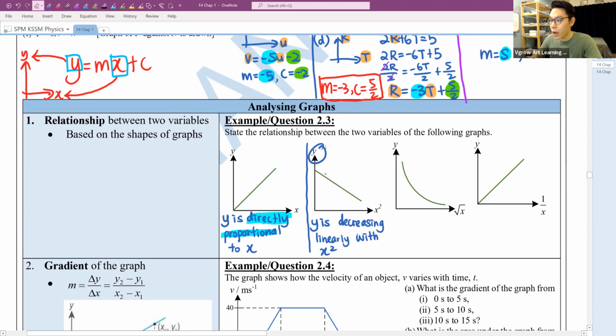You see the value of y from maybe 10 and then slowly become 8 and then slowly become 6. It is decreasing. Okay, linear means what? Linear means decrease in a straight line. Okay, remember last week we mentioned linear means straight line. Okay, decrease in a straight line with x squared.